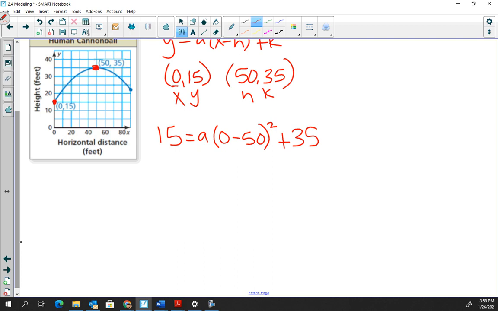So now we're just going to solve this down little by little. I got to do parentheses first. 0 minus 50, that's negative 50 squared plus 35. And now I want to do exponents. So I'm going to do negative 50 squared.